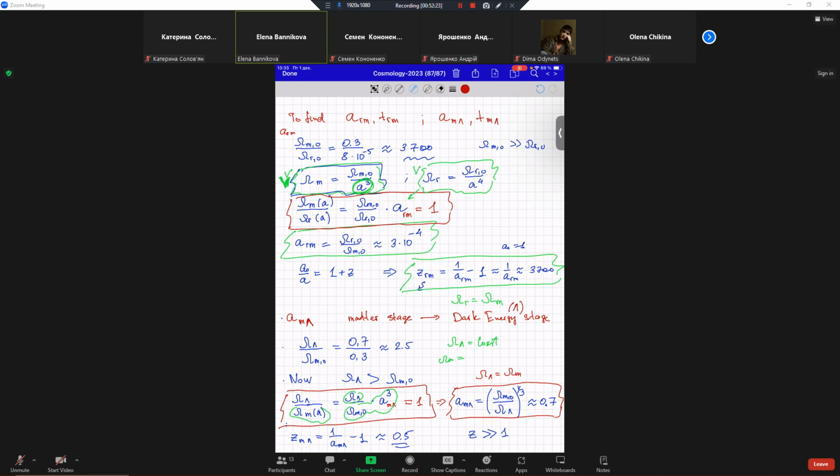And here we speak about passing from the radiation stage to the matter stage. So let's put it here like this. So it was not so many times ago.